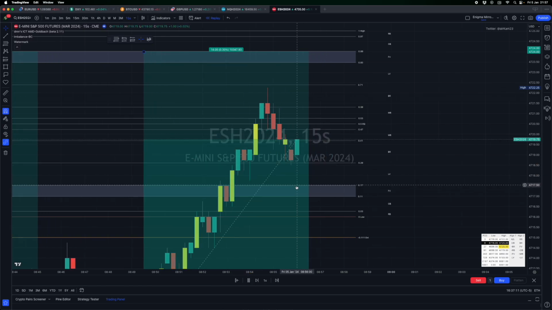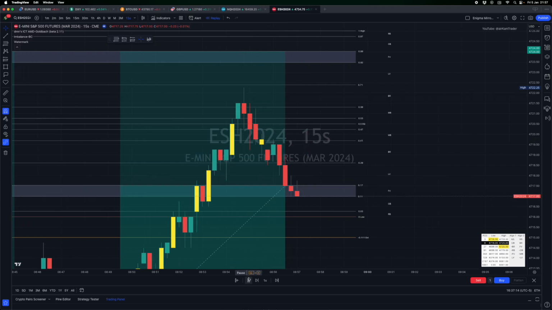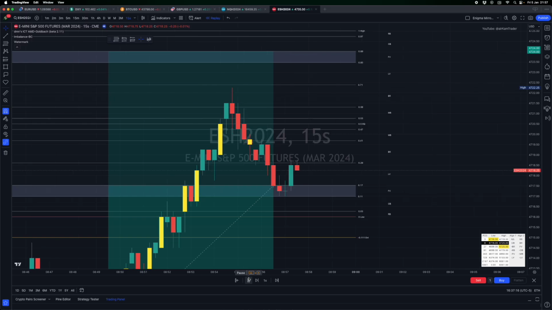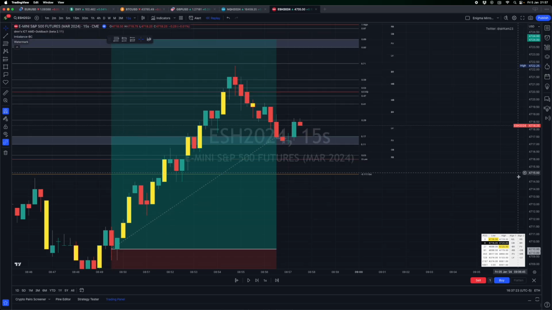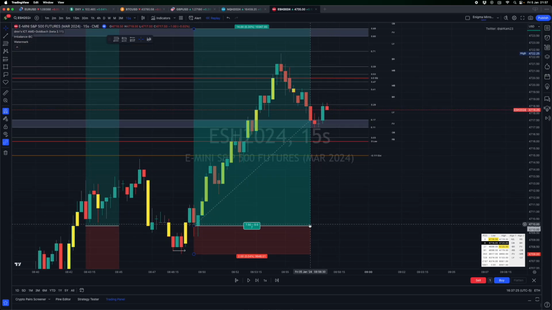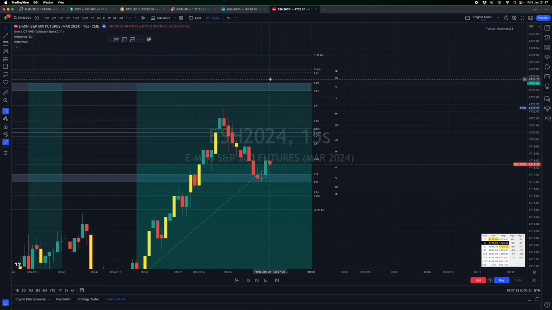You could even put some more on here if you want. There you go. The level is not violated because we have mirroring going on. So you could have added here. And this is where we take off our trade.